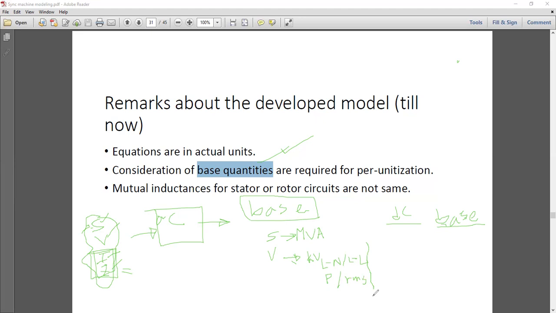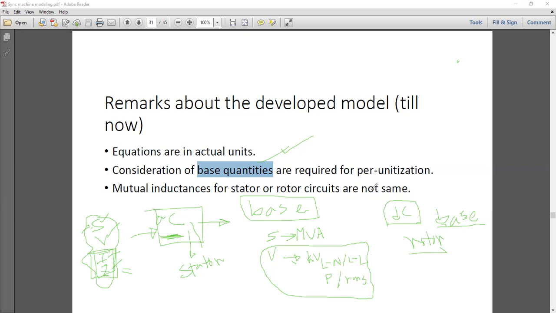So these are the variants for taking the voltage bases for the AC side. Remember, the stator coils carry AC quantities, whereas the rotor side contains DC quantities, DC field excitation. So it's not like your undergrad level base conversion.